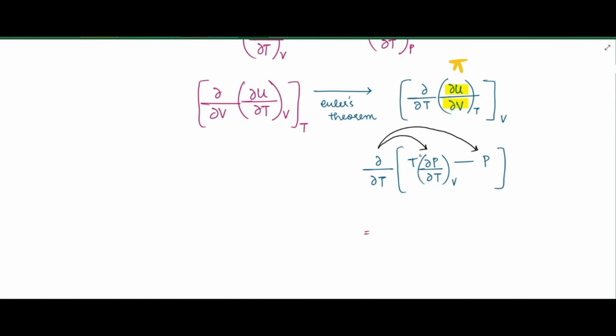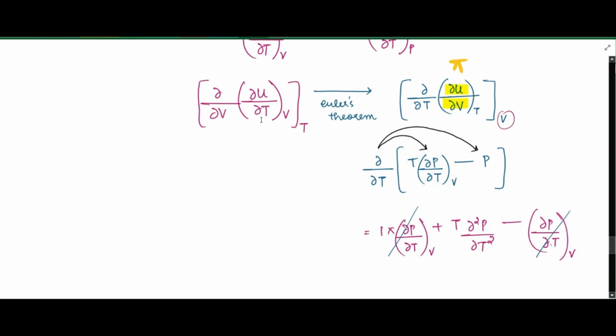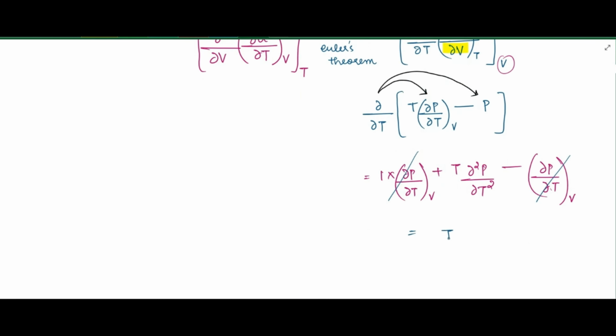U dash, the derivative of the first function, into the second function, plus U V dash, the derivative of the second one, dou square P by dou T square. This is the first one, minus the second one, dou P by dou T at constant V. When you look at it, you will understand. Dou P by dou T at constant V minus dou P by dou T at constant V, and finally, what you have is T dou square P by dou T square. Option A.